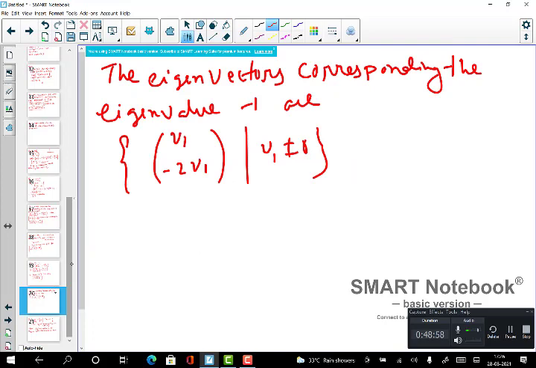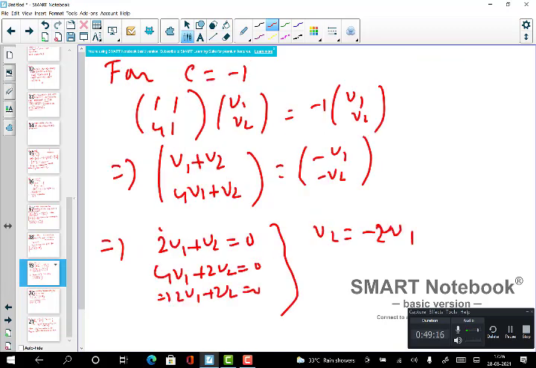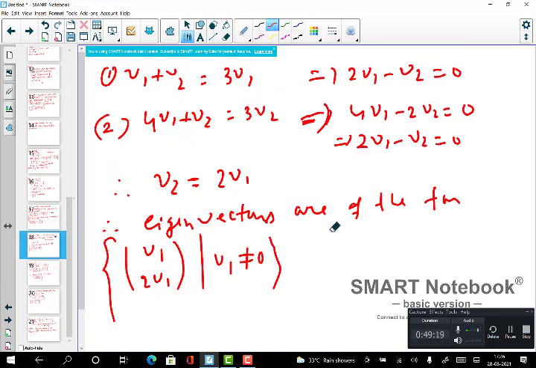Similarly, in our previous example, this is a subspace with respect to -1, E of -1, and you see that it is generated by the single vector (1, -2). You can write everything as v1 times (1, -2). Similarly, for E of 3, it is also generated by a single vector, and that vector is (1, 2).